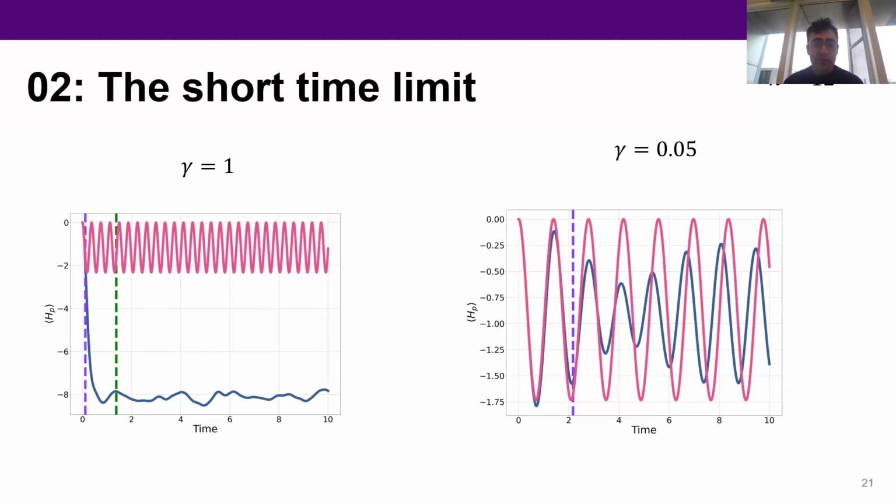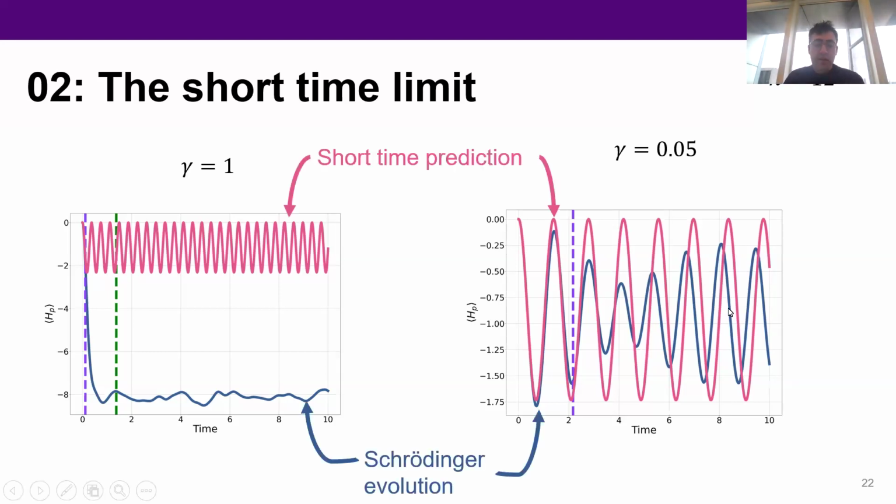On the left, gamma equals 1, and on the right, gamma equals 0.05. The blue line shows the Schrödinger evolution of HP, and the pink line shows the short time prediction. The dashed purple lines show the 1/4 root of the torsion, where we expect this short time prediction to start breaking down.